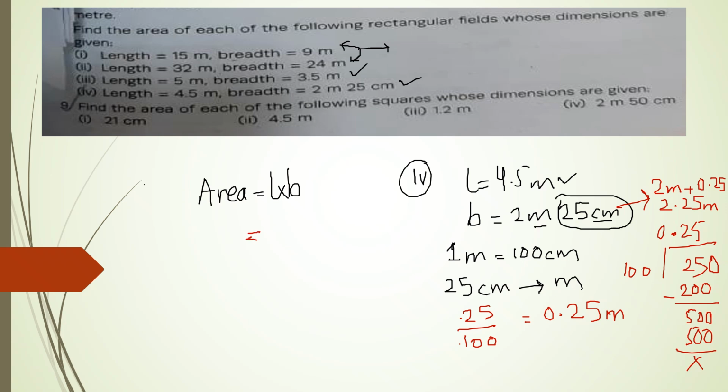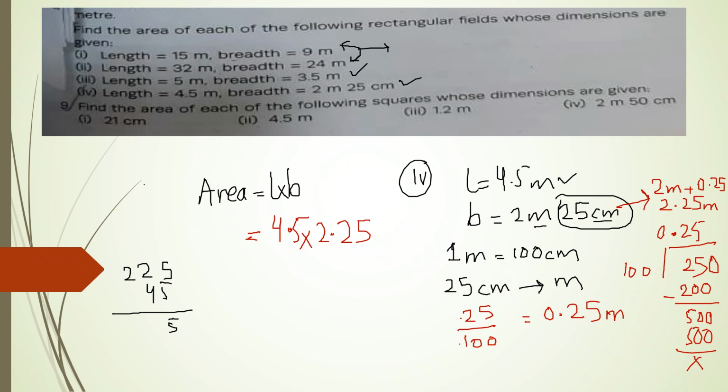The length is 4.5 and the breadth is now 2.25. Okay, what I need you to do is multiply these two numbers without even writing the point first, 225 and 45, so that it will be easier for you.